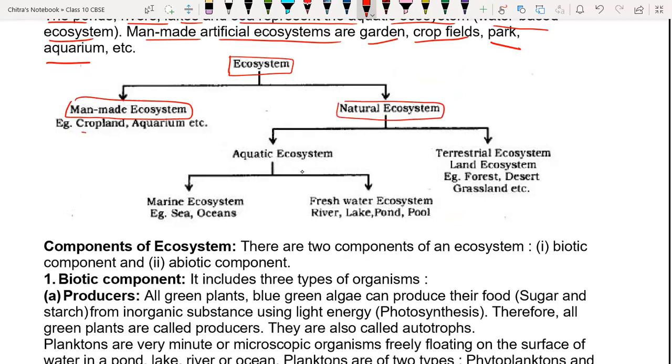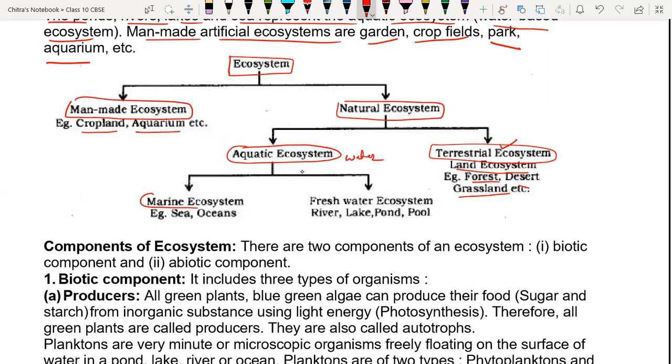Man-made ecosystems include cropland, aquarium, etc. The natural ecosystem is further divided into two categories: terrestrial ecosystem, meaning the land ecosystem, and aquatic ecosystem, meaning the water ecosystem. Forest, desert, and grassland are examples of terrestrial ecosystem. The aquatic ecosystem is again divided into two categories.